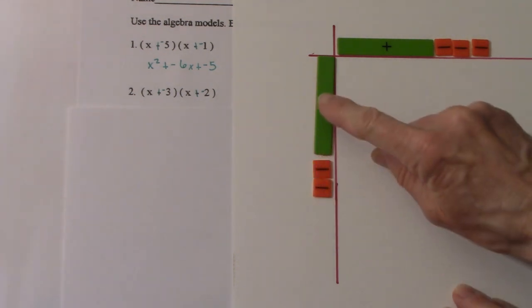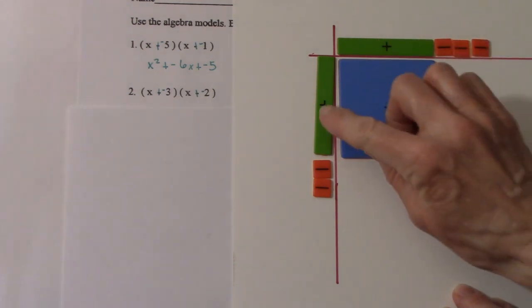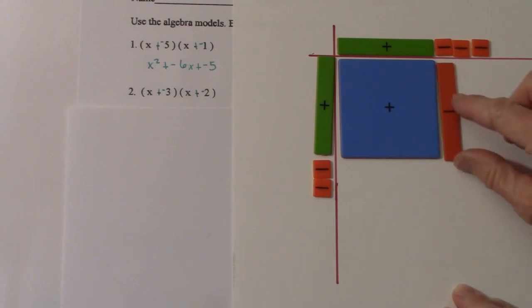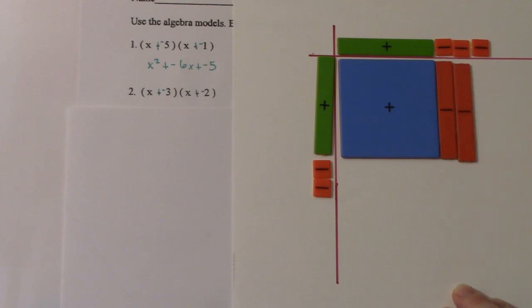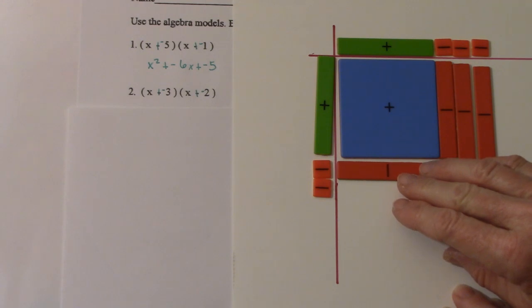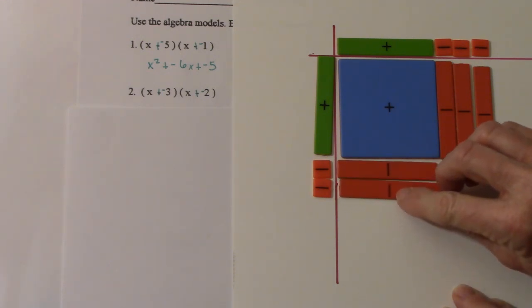And here we see we have x times x, and that gives us an x squared. X times negative 1 is a negative x, and we get 3 negative x's. And we have negative 1 times a positive x gives us a negative x. And negative 1 times x is a negative x.